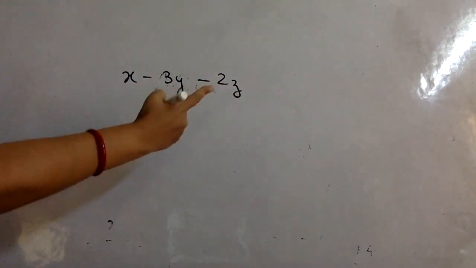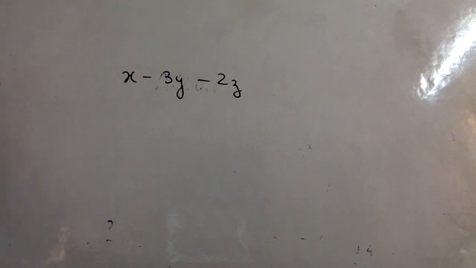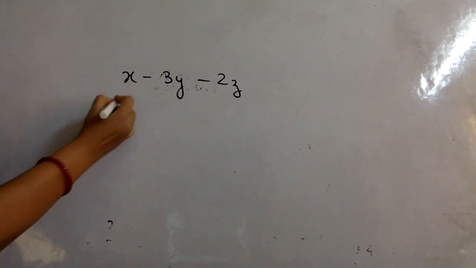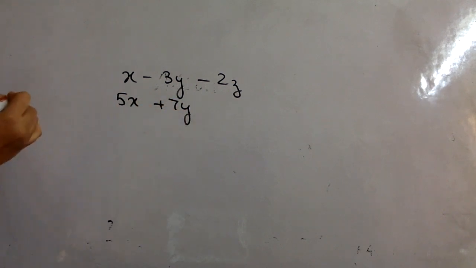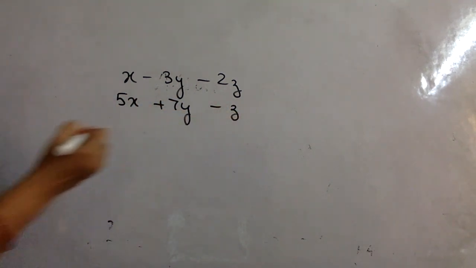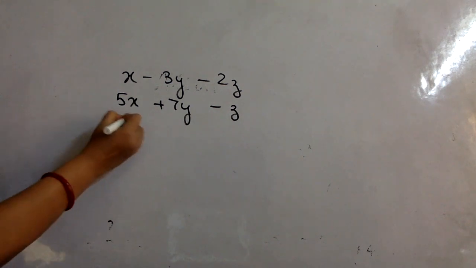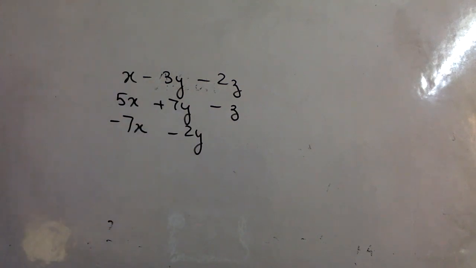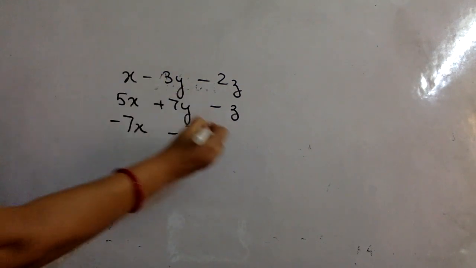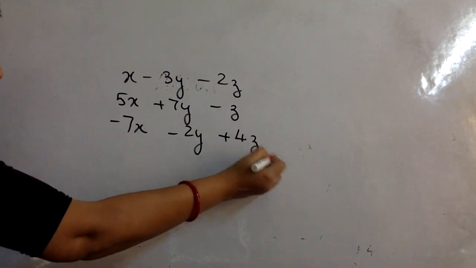Now there are three types of terms. 5x plus 7y. Now see, 5x plus 7y. This sum is already arranged in the vertical method and given to you. Minus 7x minus 2y. Okay, plus 4z.